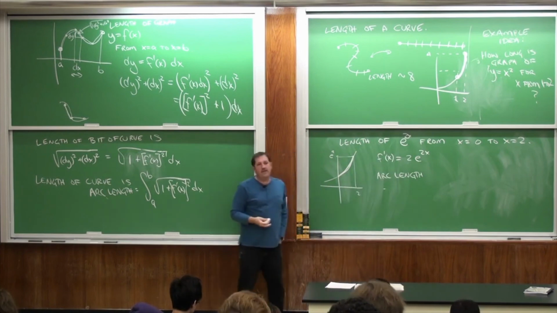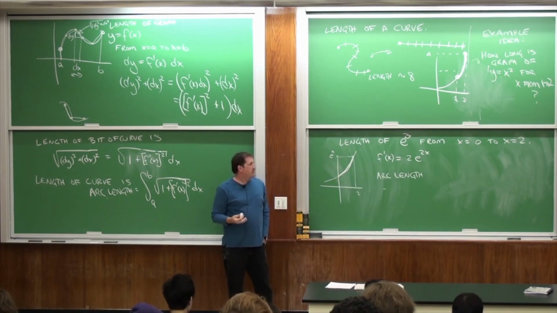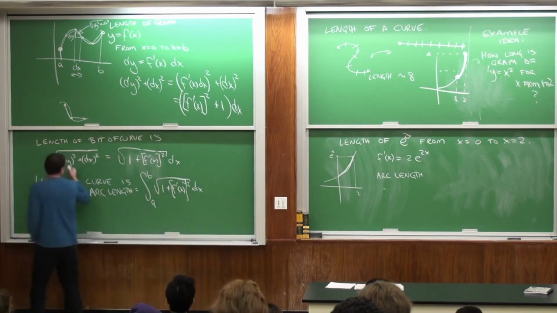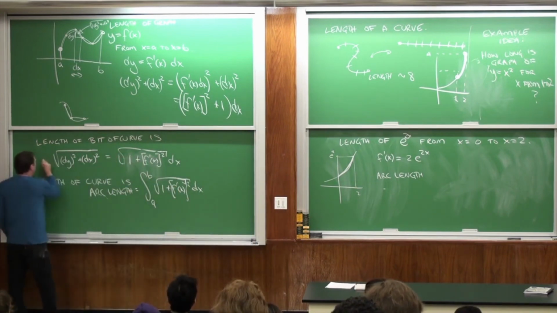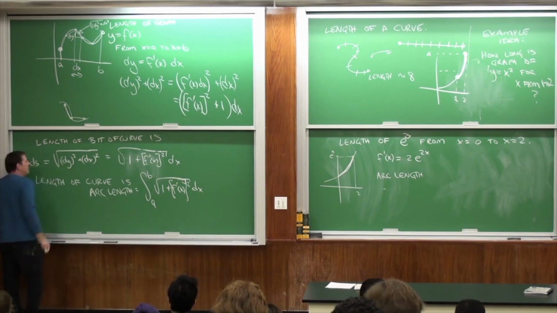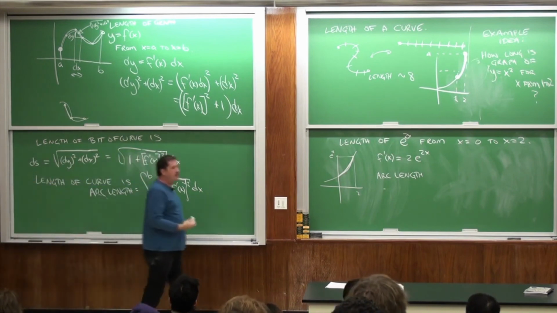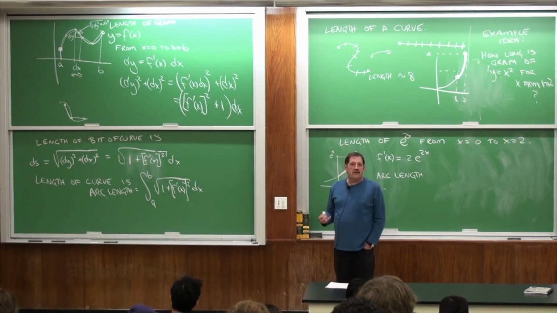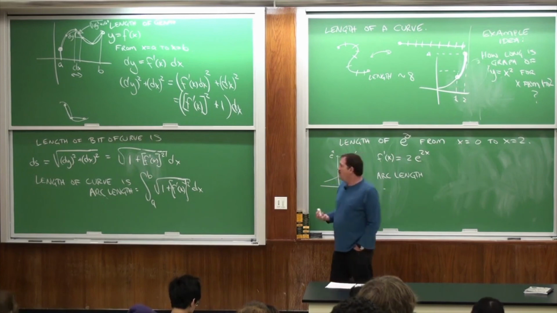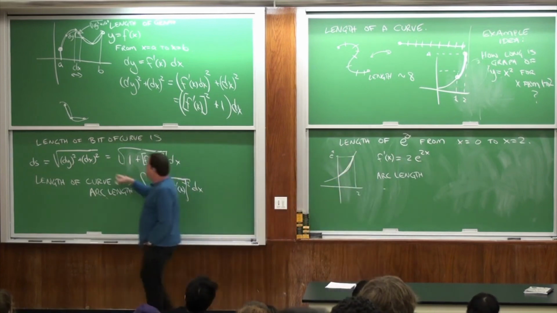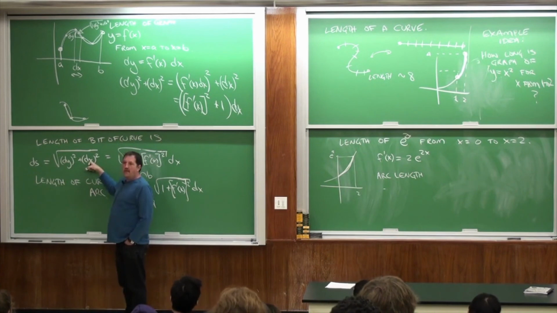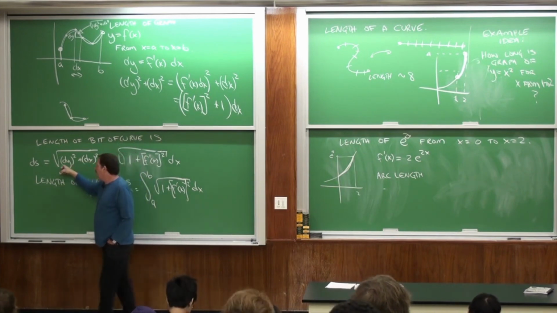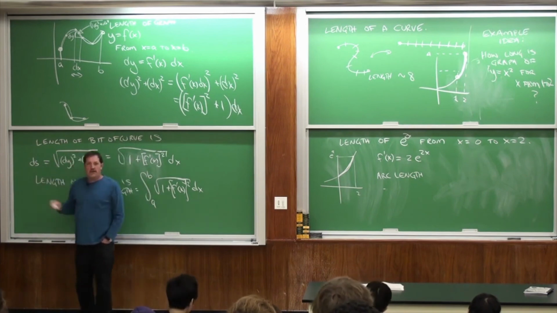Just for notational, well, okay, let me just point this out. Sometimes this differential here is called ds. So sometimes you might encounter, like in a physics class or something like that, they ask you to integrate something ds. Just like people usually use x to represent the horizontal coordinate and y for the vertical coordinate, typically people use s for the arc length coordinate.